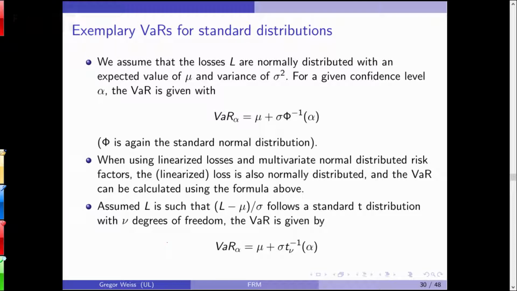Does everyone know what a quantile is and how you can compute and estimate a quantile if you are given the distribution function? No. Who can explain it? The distribution function was what? The probability that L is smaller than or equal to l.